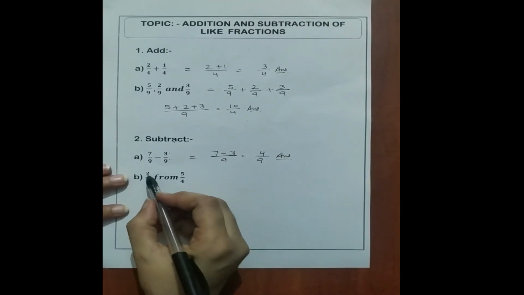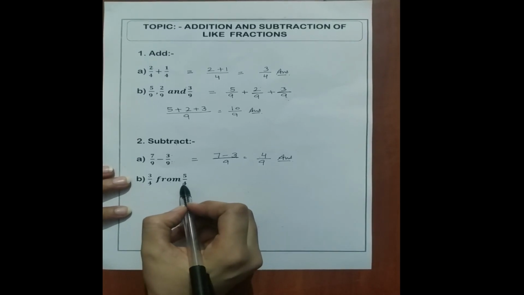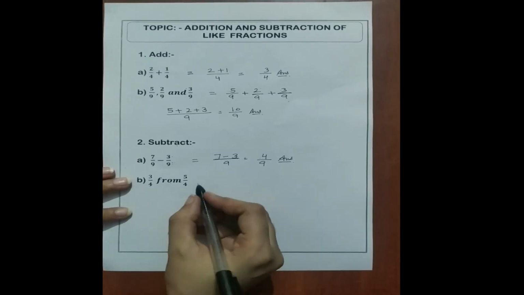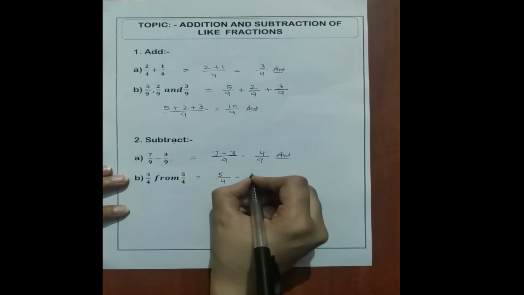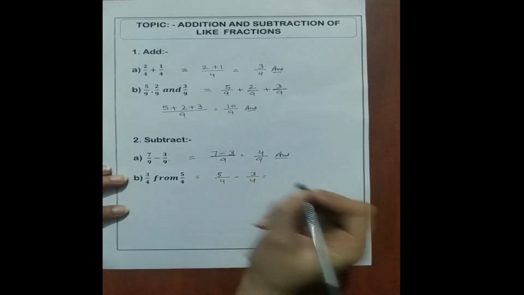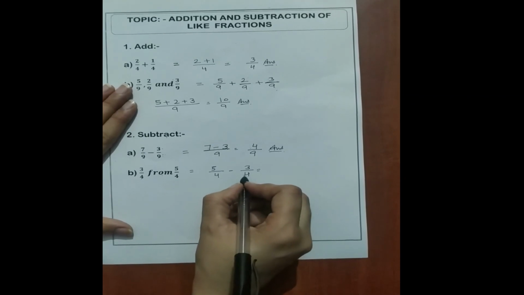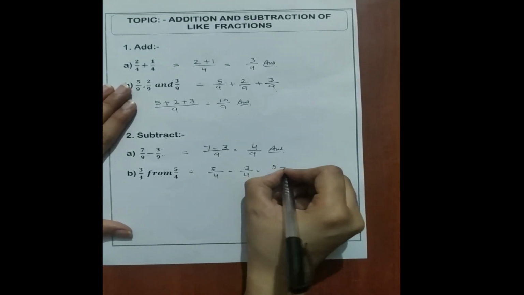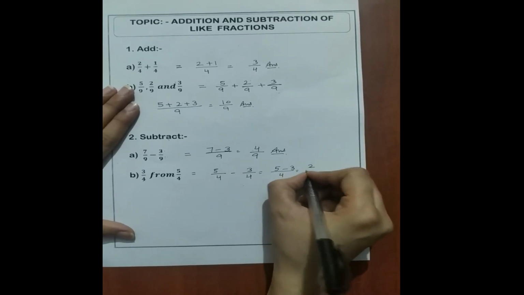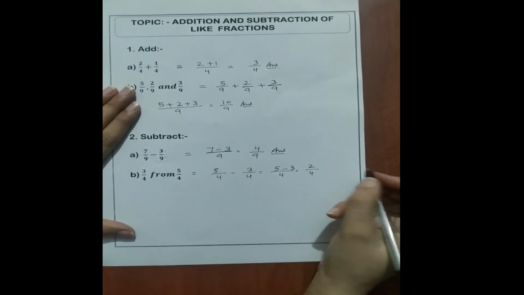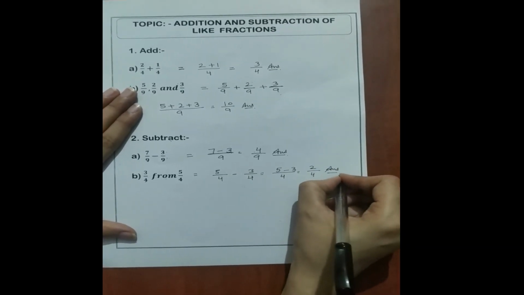And here, 5 by 4 minus 3 by 4. Denominators are same, subtract only numerators. 5 minus 3 is 2, 2 by 4 is the answer.